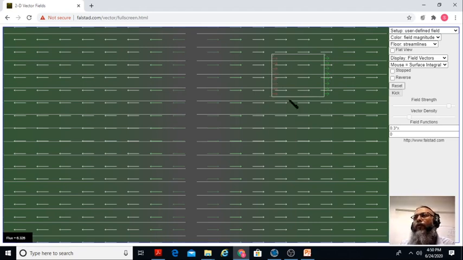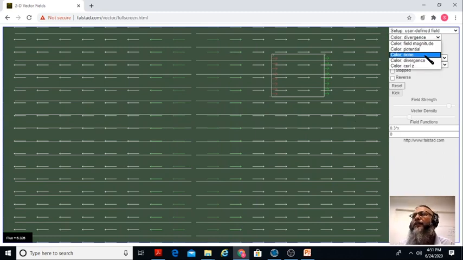Another way of looking at a positive flux is we can think of this color instead of field vectors. I go to the color of the divergence. My color of divergence is green. Green here is positive. If there is none, then it would be gray in color.